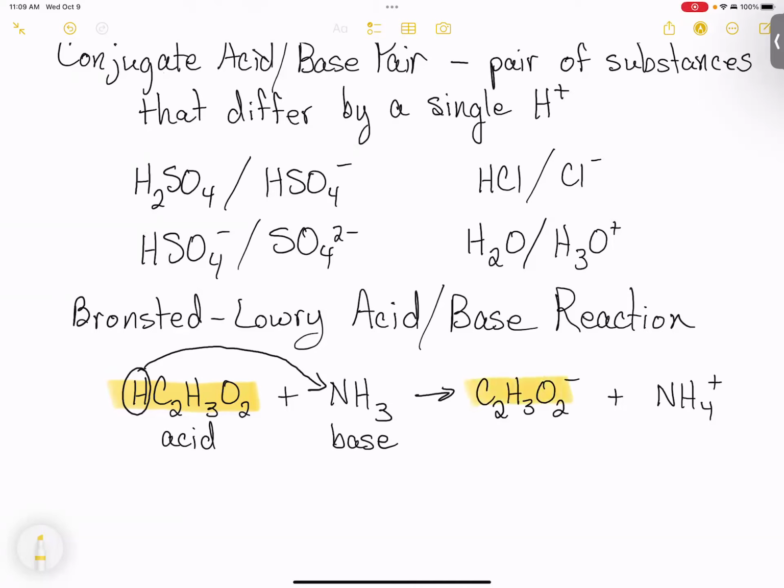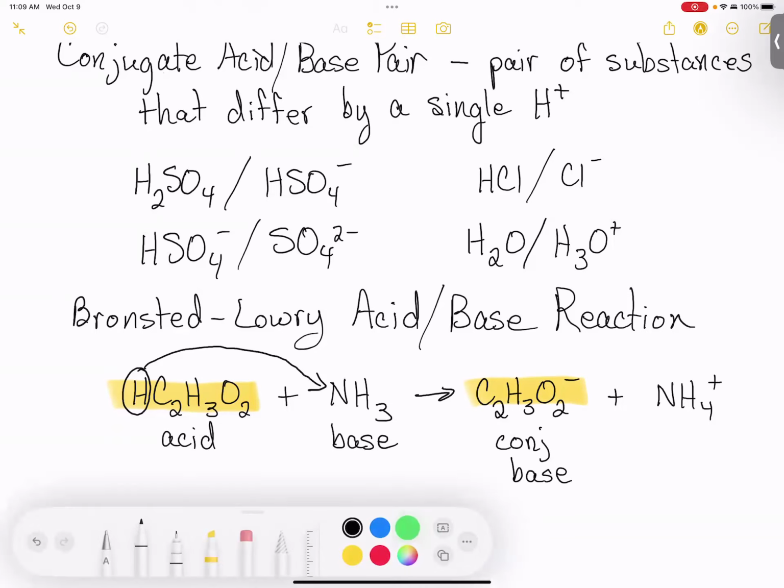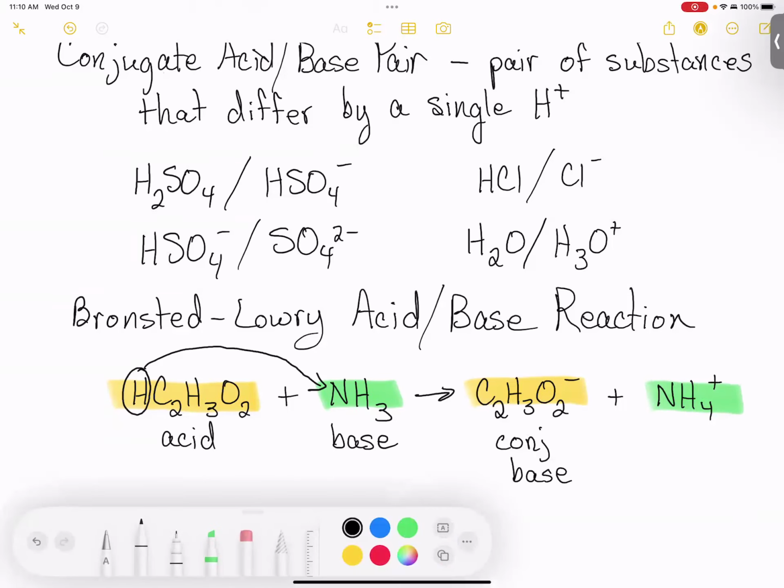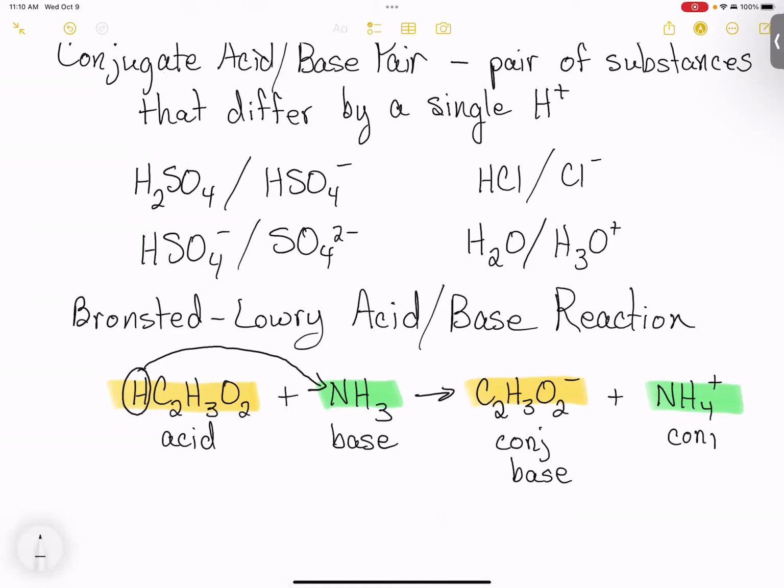So the acetate would be the conjugate base. If ammonia is acting as a base, then the conjugate acid is going to be a substance that differs by a single hydrogen. So the ammonium is the conjugate acid.